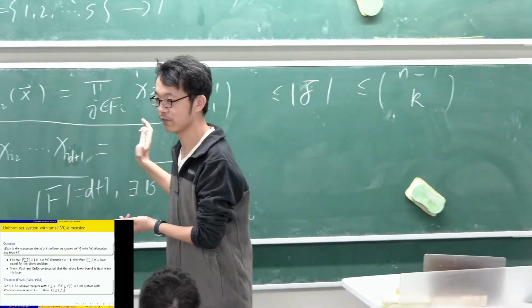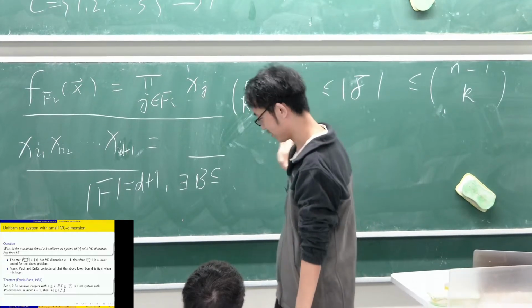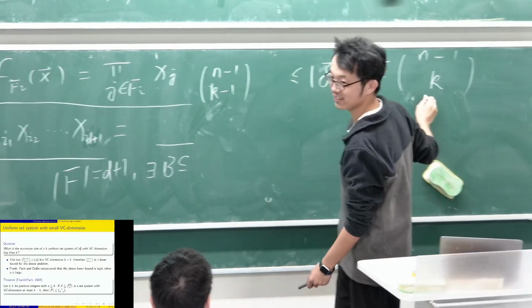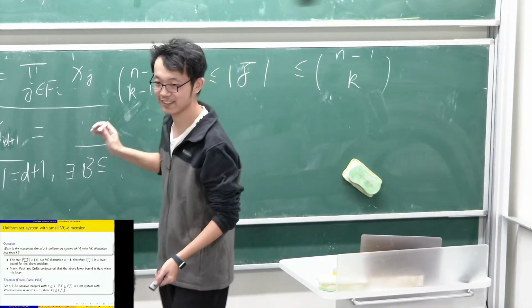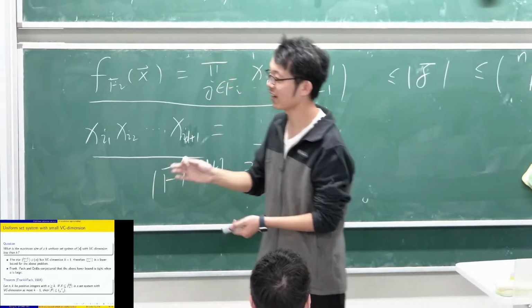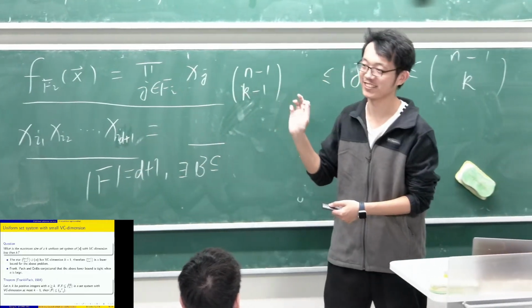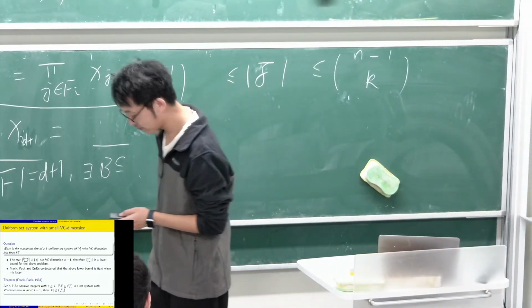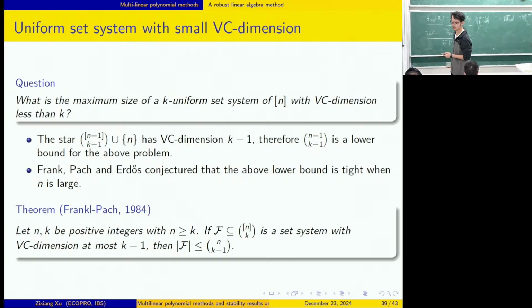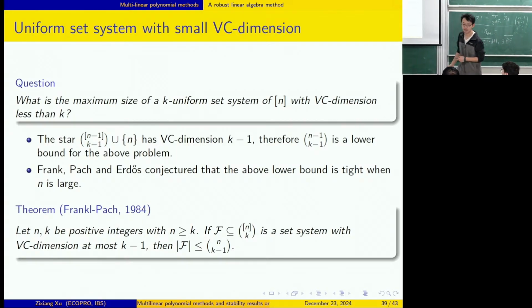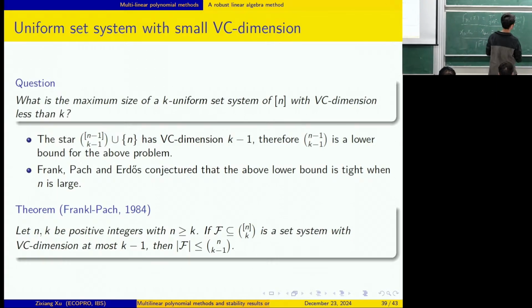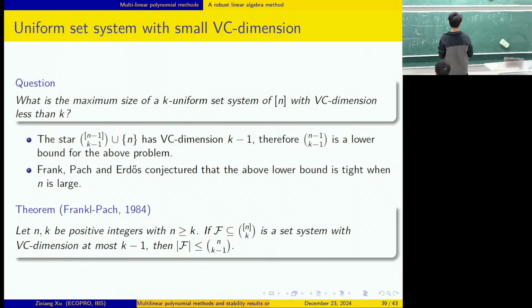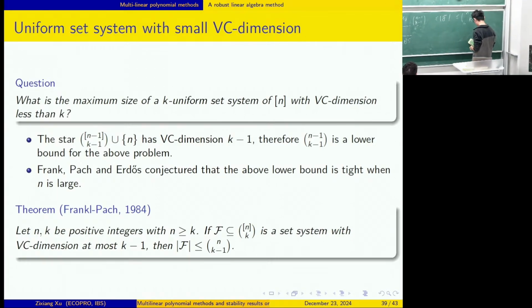Usually in the field of extremal set theory, the answer is either this or this, because people don't like ugly solutions. Oh, sorry, it is n minus 1 choose k. Yeah, thank you.